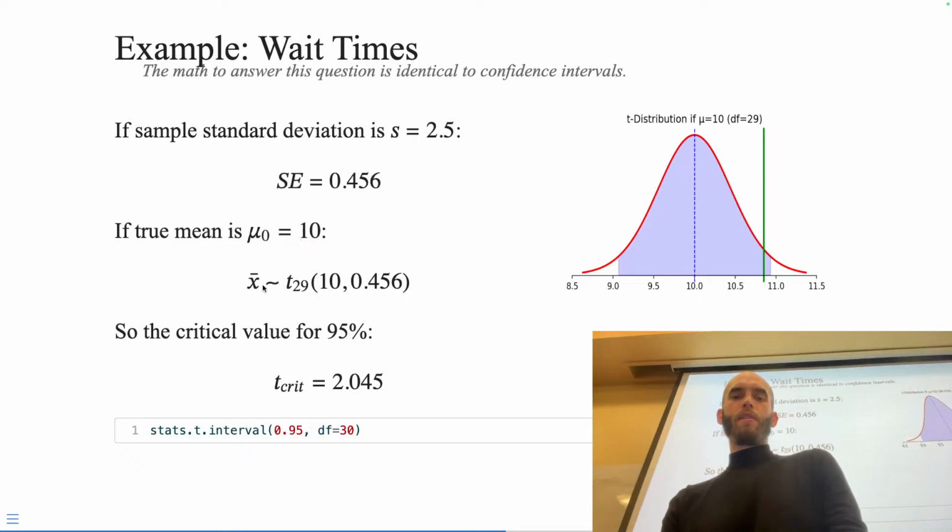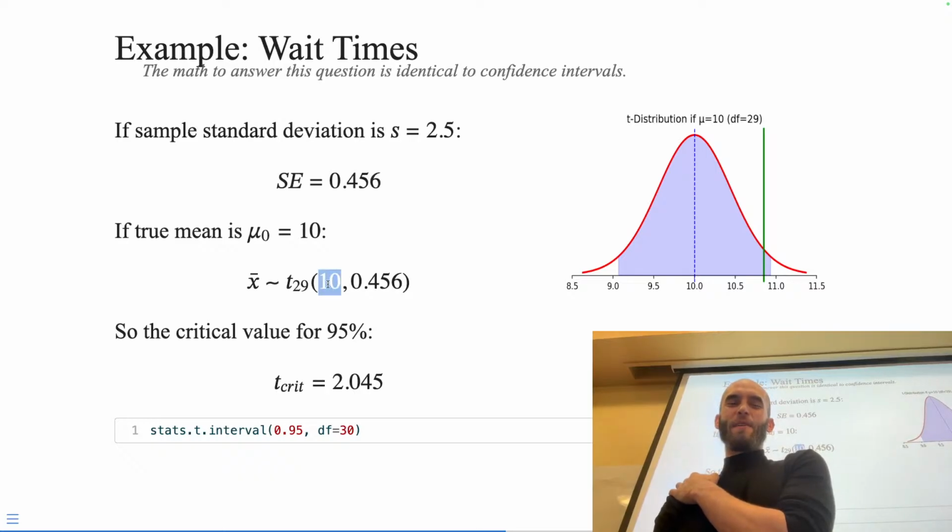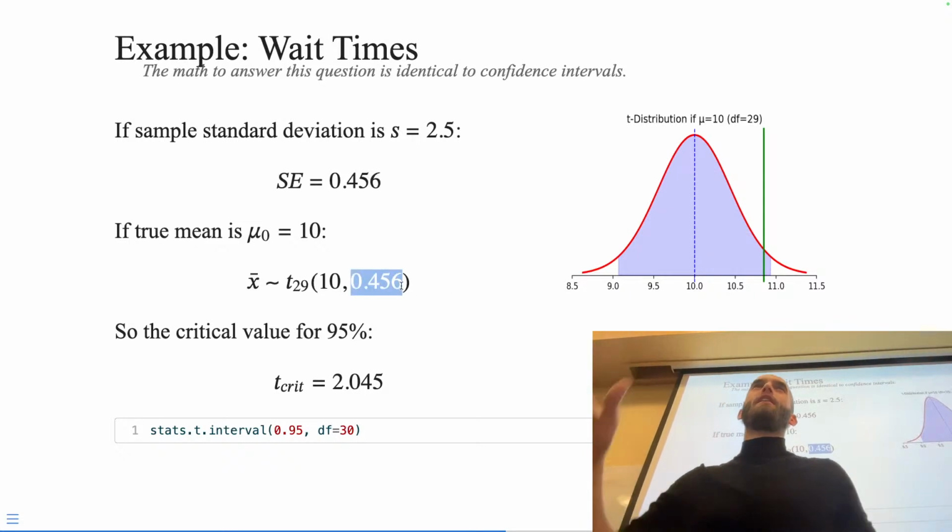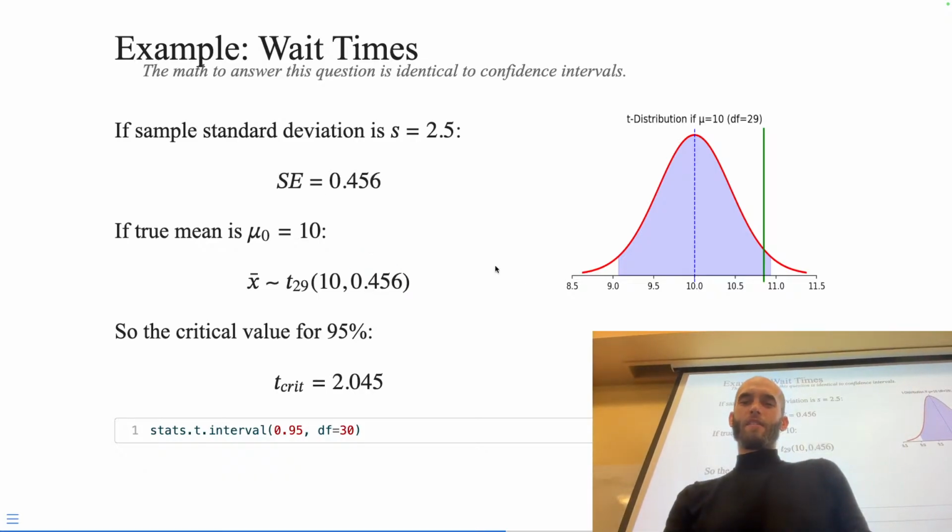So this is the notation for the distribution using a t distribution. This is x bar follows a t distribution. This subscript is just telling us the degrees of freedom. This is the center point, so the middle as we're building it, and then this is the variability of the t distribution using the standard error. So it tells us how spread out this t distribution is.